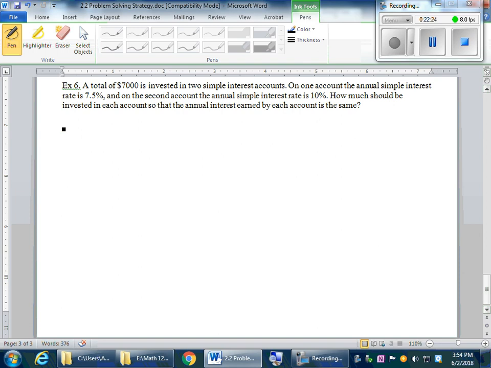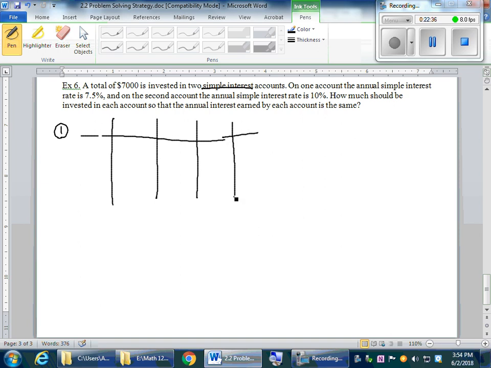So similarly, like in the previous problem, we notice that it's simple interest, so that tells us which formula to use. Principal times rate times the time is equal to the interest earned. The first account is 7.5% interest, and the second account is 10% interest. So as usual, we're going to fill in the information.